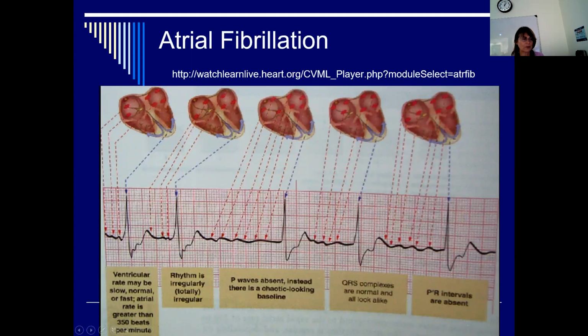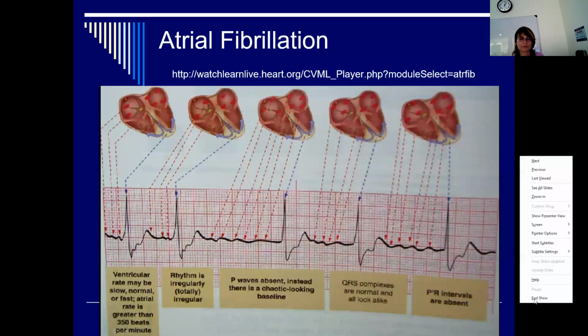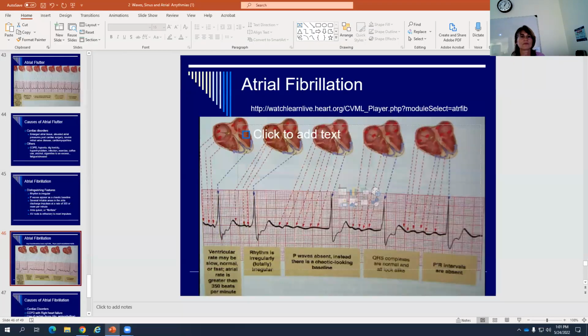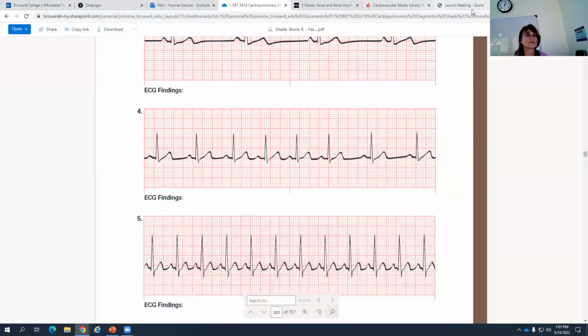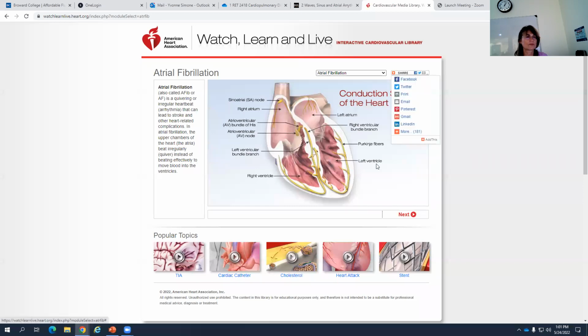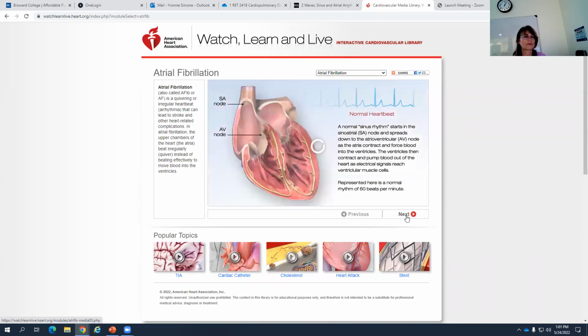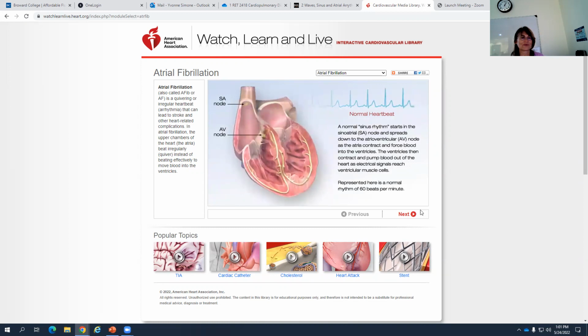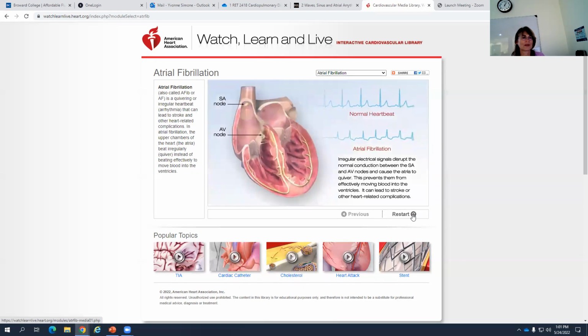And then let me show you a picture of it. So this shows a normal heartbeat. Heart rate is 60 per minute. So you see the SA node fire, and then you just see some lightning go through the atria to the AV node and then through to the ventricles. And then in atrial fibrillation, do you see how they have these little things lighting up in the atria?